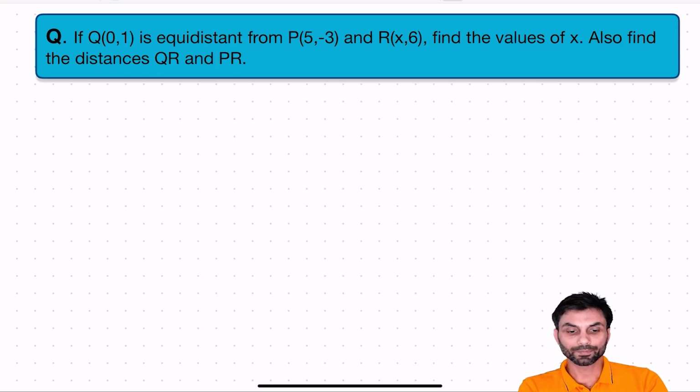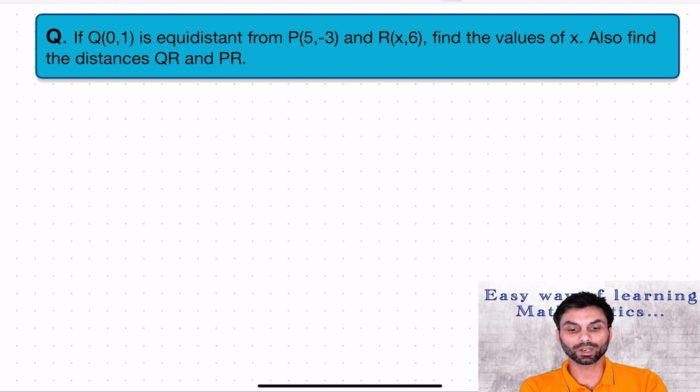Next question is: if Q (0, 1) is equidistant from P (5, -3) and R (x, 6), find the values of x and also find the distances QR and PR.